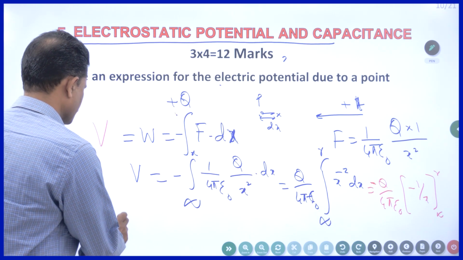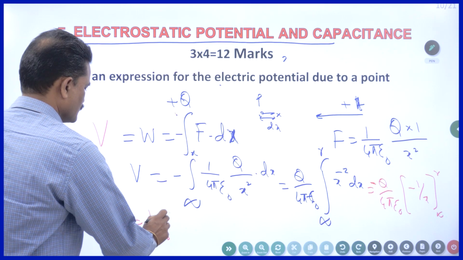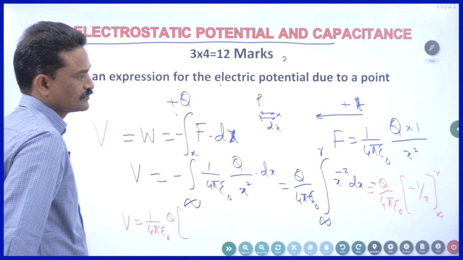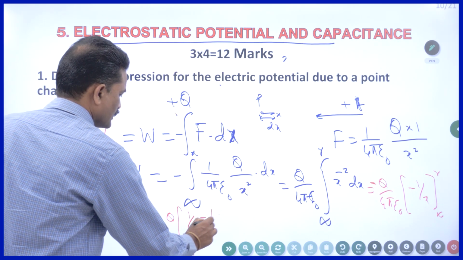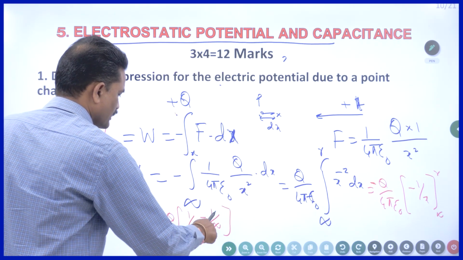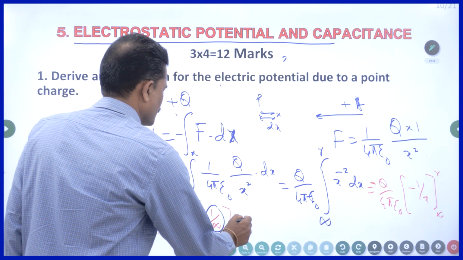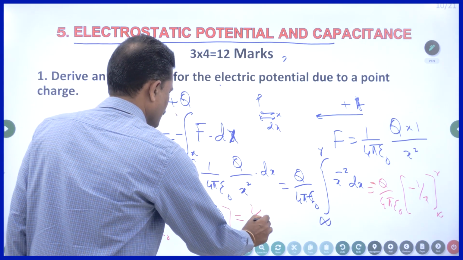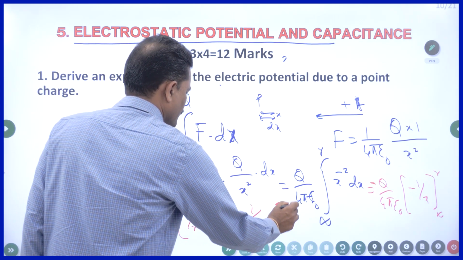So V is equal to 1 by 4 pi epsilon naught times Q times, first 1 by x is 1 by r, and second one is 1 by infinity. 1 by infinity is 0. So you will end up with 1 by 4 pi epsilon naught Q by r. This is the potential due to a point charge.